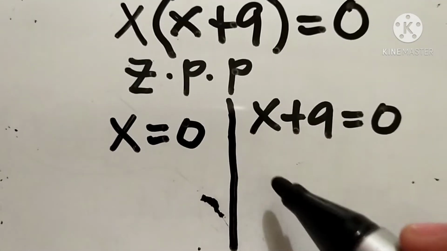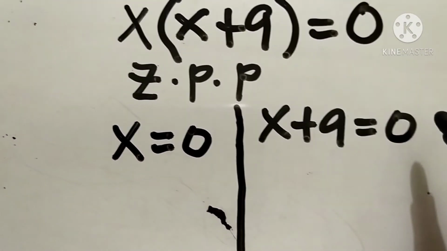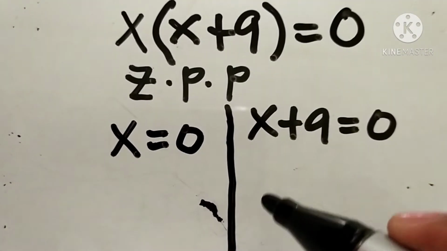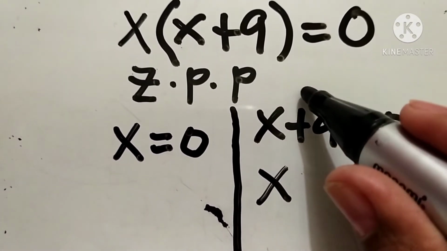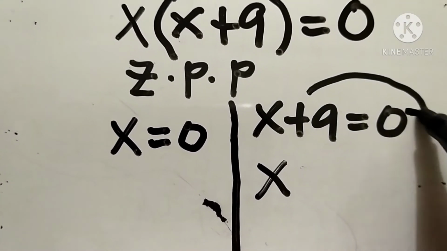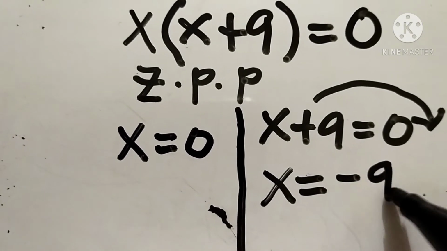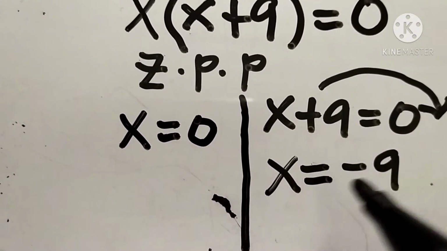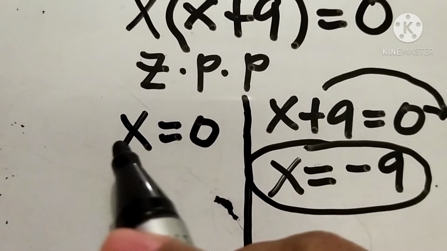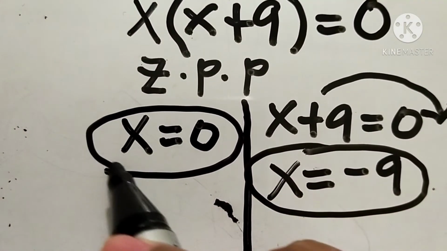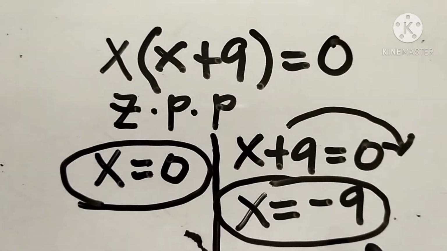But here, you still need to solve, using the subtraction property of equality, or you can just transpose the 9 to the other side. Positive 9 becomes negative 9. Therefore, the value of x is negative 9, and the solutions are 0 and negative 9.